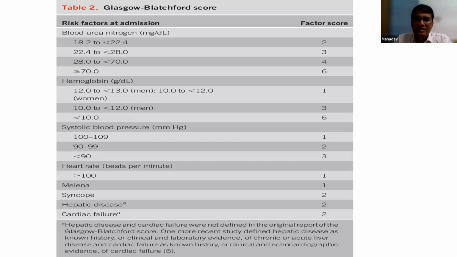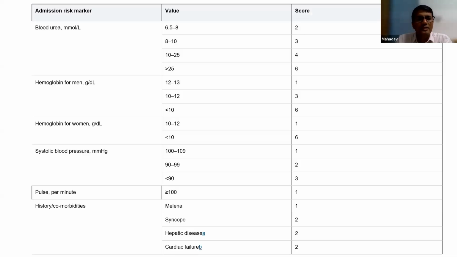If the hemoglobin is less than 10, the score is 6. Then the BP, heart rate, hemodynamic parameters, and whether the patient has melena, syncope, hepatic dysfunction or cardiac dysfunction. All these factors are taken, a score is given to each parameter, and then the total score is calculated.